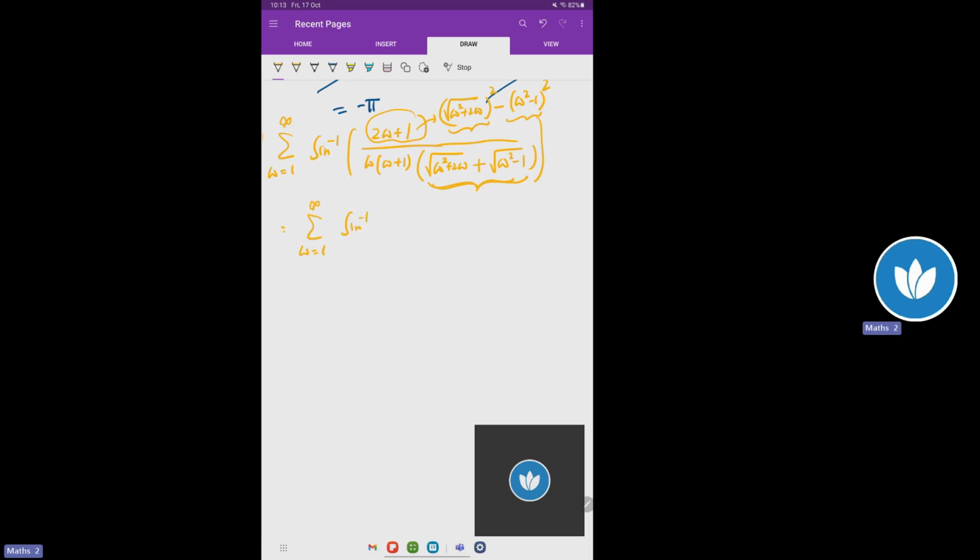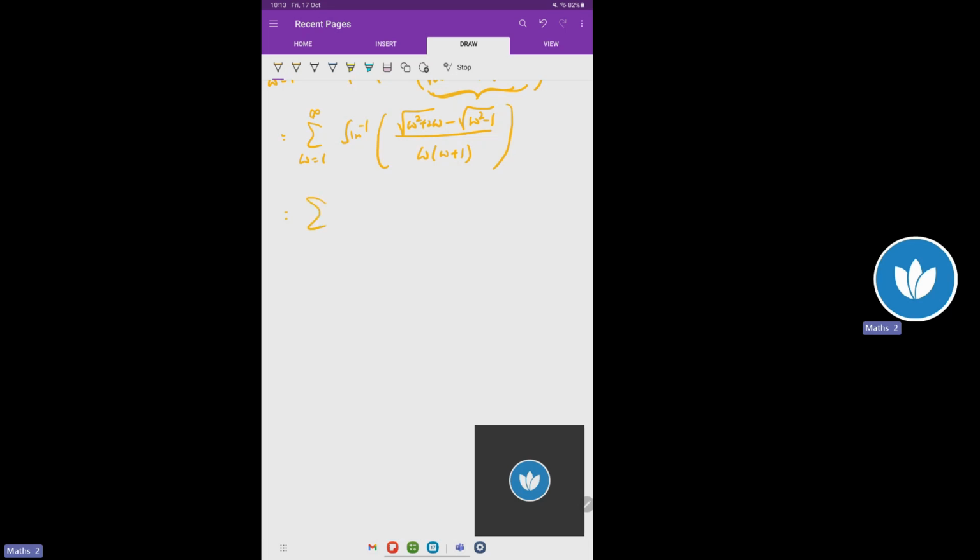So this would be root omega square plus 2 omega minus root omega square minus 1 upon omega into omega plus 1. Now if we try to convert it to some formula, this can be written as root omega square plus 2 omega upon omega plus 1 into 1 by omega minus root omega square minus 1 by omega into 1 by omega plus 1.